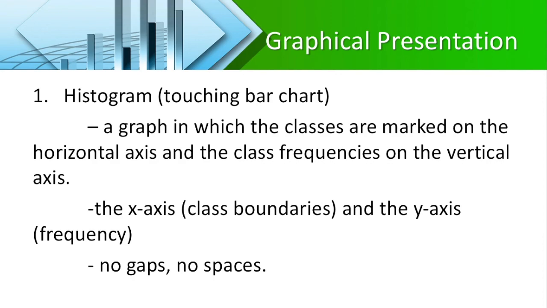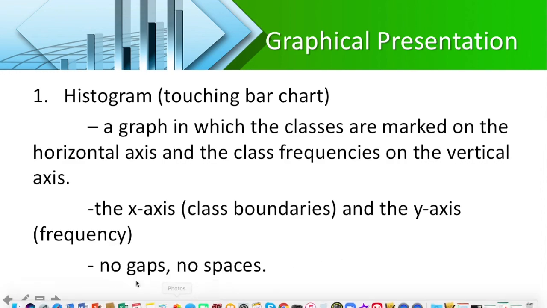This is a graph in which the classes are marked on the horizontal axis and the class frequencies on the vertical axis. The x-axis, you can use either class boundaries or class midpoint. But the y-axis is your frequency or the dependent variable. Please don't forget that this graph has no gaps, no space.